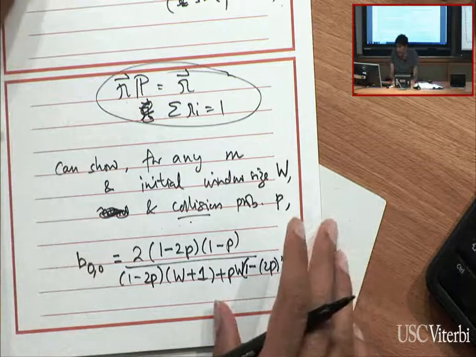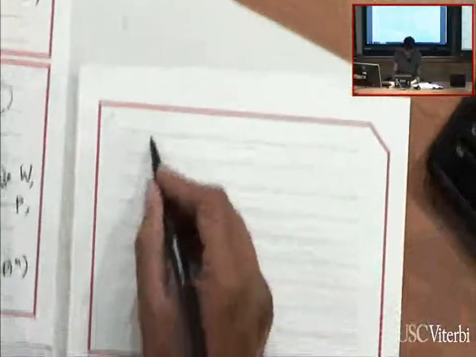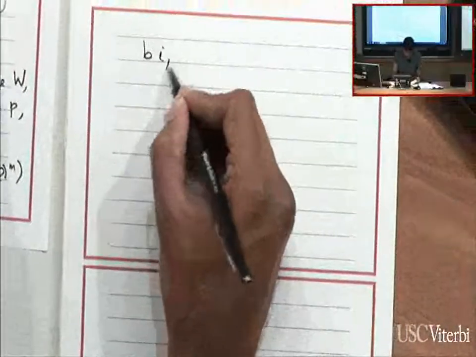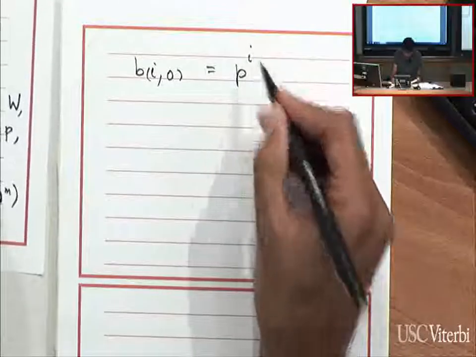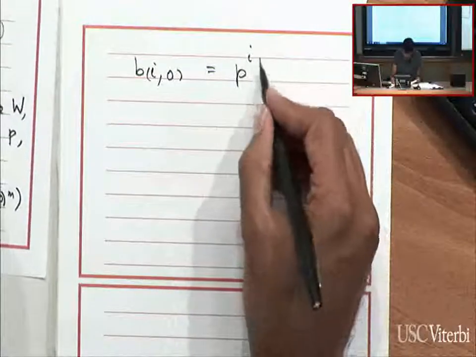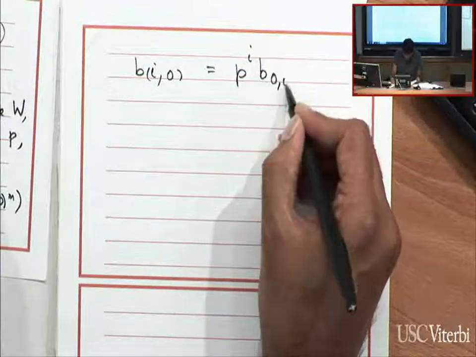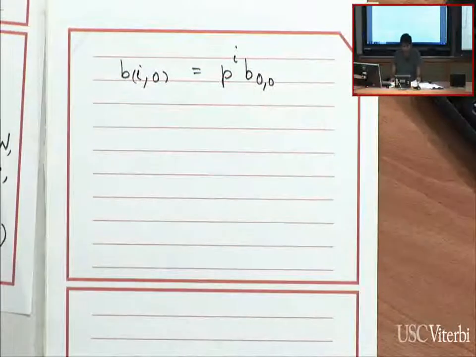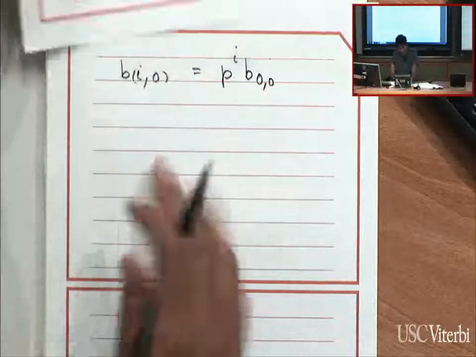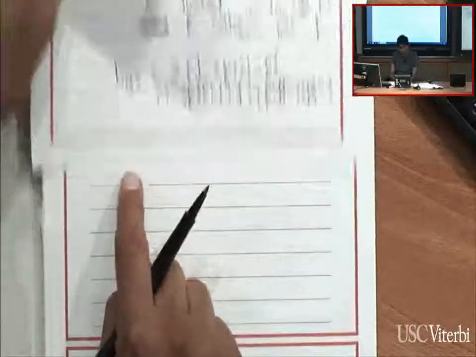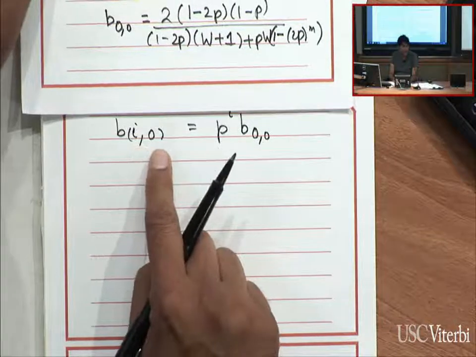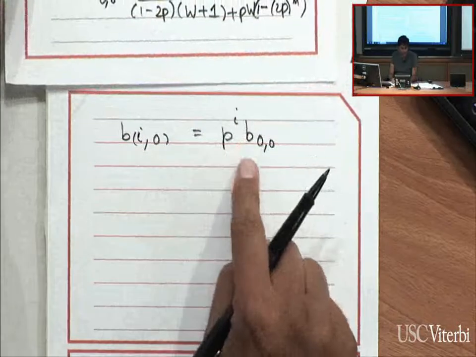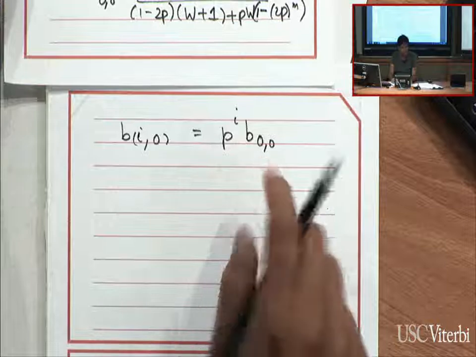Moreover, they prove that for any b_i0, the probability can be written as p to the i times b00. So we know the probability for the state 0,0, and for any other stage i, comma 0, it's simply p to the i times b00. Okay.